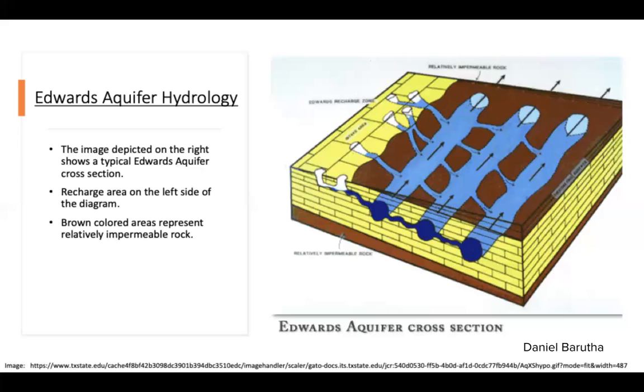In the unconfined portion of the aquifer, the permeability is characterized by dissolution of limestone by circulating groundwater, which led to the development of a cavernous network along fractures associated with the Edwards Formation. The image shows what to expect these cavernous networks to look like.